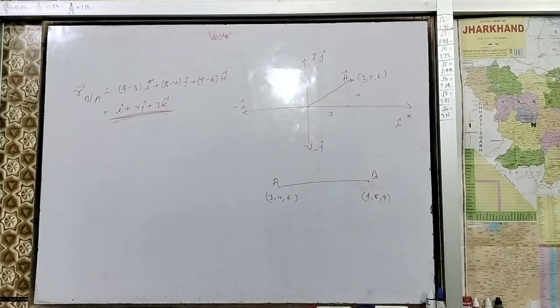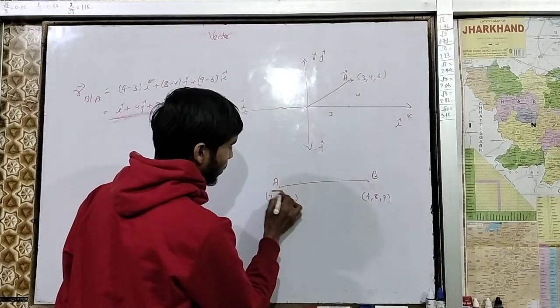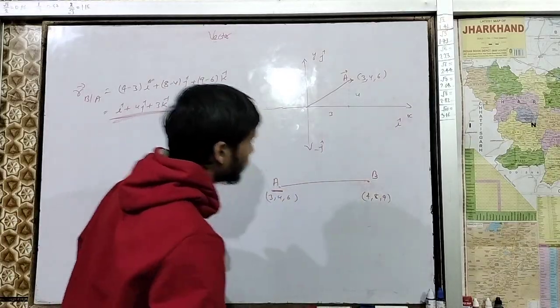Now let's change our reference point. What is the location of this A vector with respect to B?